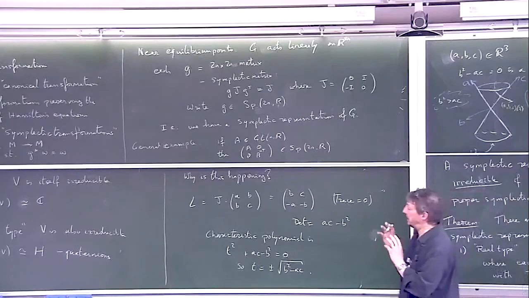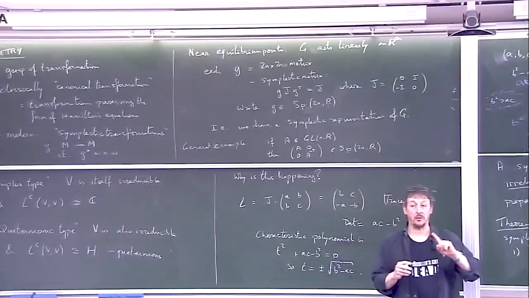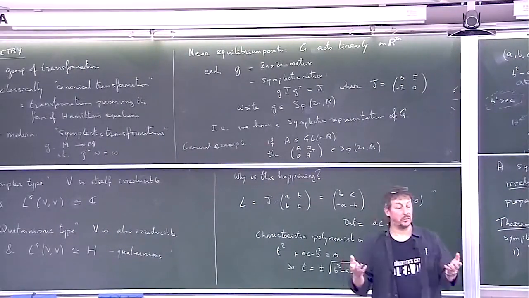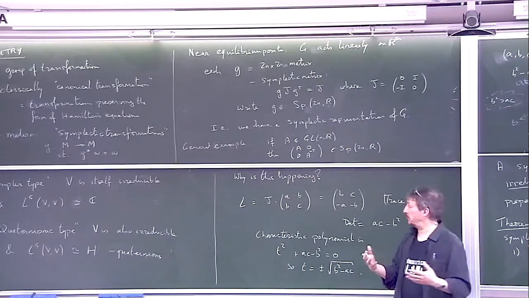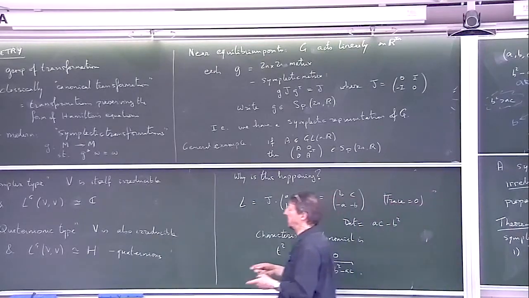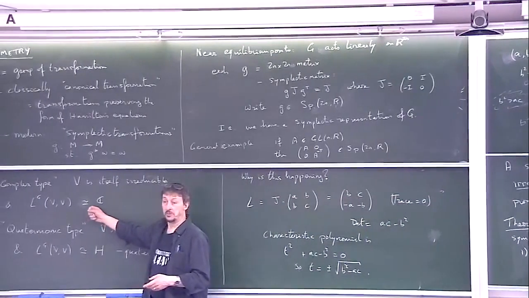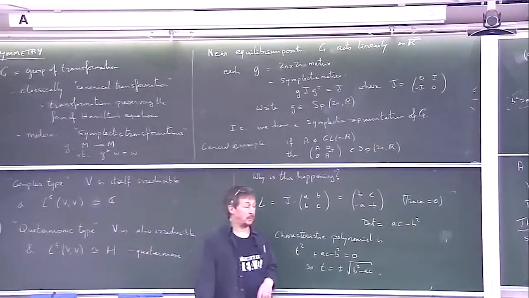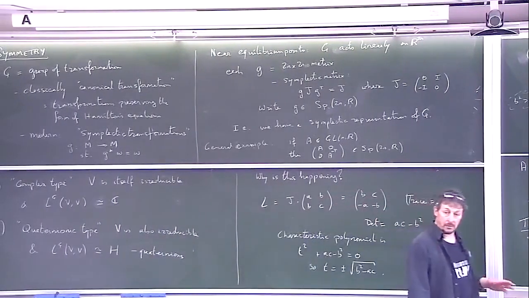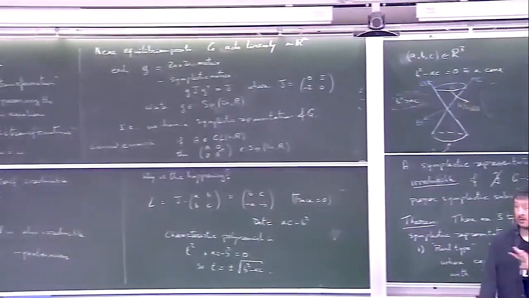It's not simple, but there's only one type of complex irreducible representation over the complex numbers, and they always satisfy this for an irreducible representation. Over the reals, there are three types.